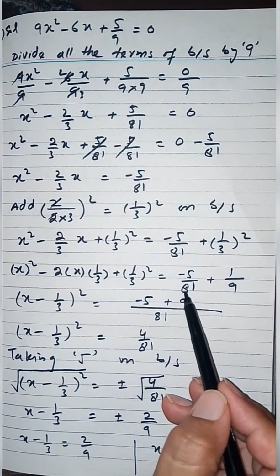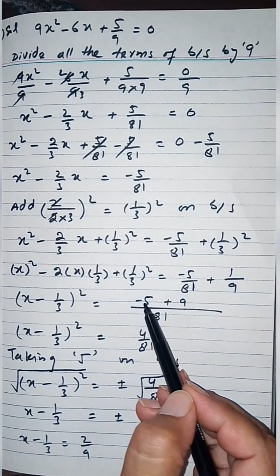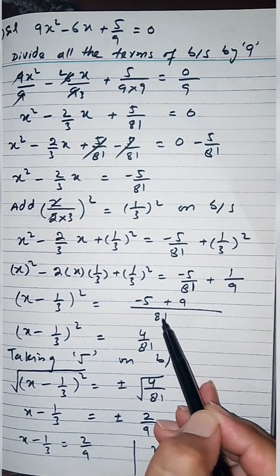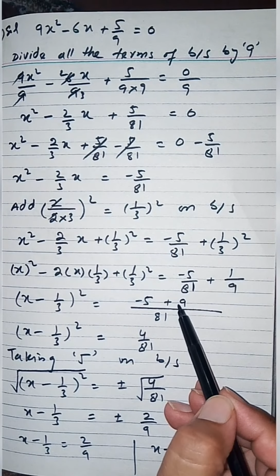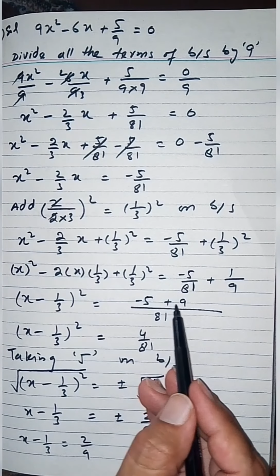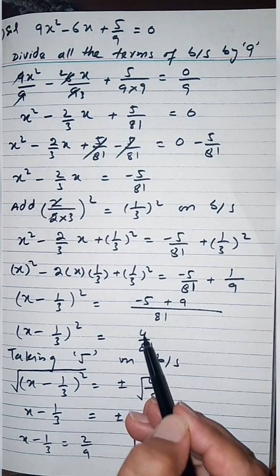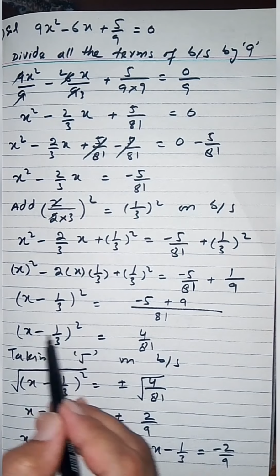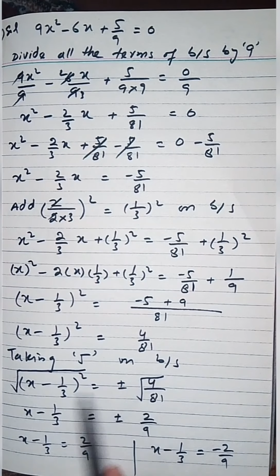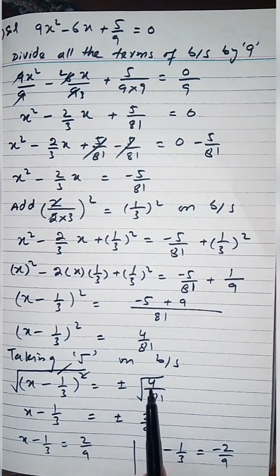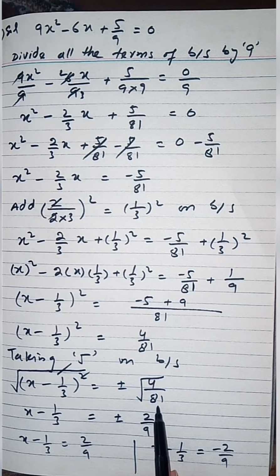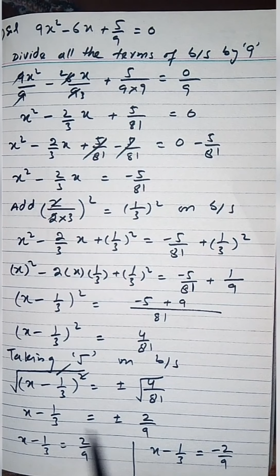So 81 ones are 81, so we write minus 5 here, and 9 nines are 81, so this 9 into 1 is 9. Now 9 minus 5 we get 4 by 81, and here we get this. Take square root on both sides, these two cancel each other, and 4 by 81 we can write as 2 by 9. Now take this x minus 1 by 3 equals to plus 2 by 9 and minus 2 by 9.